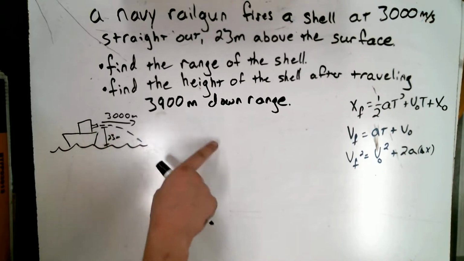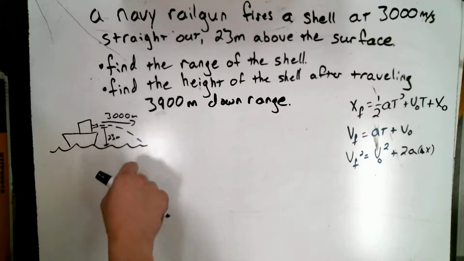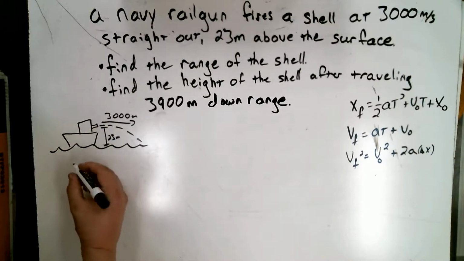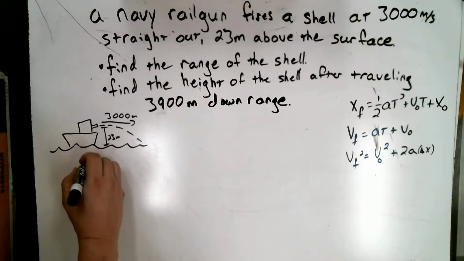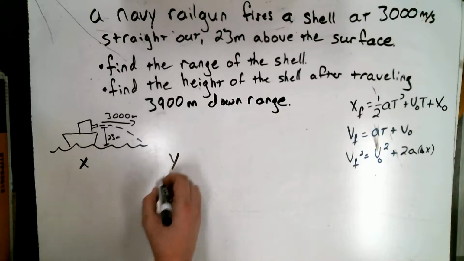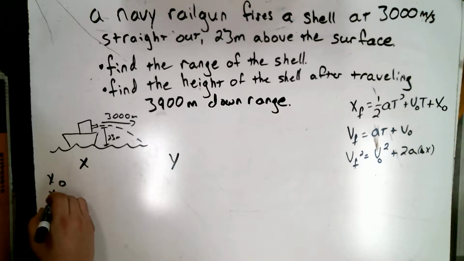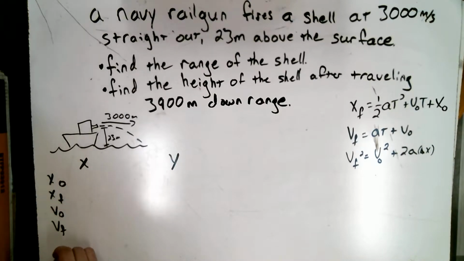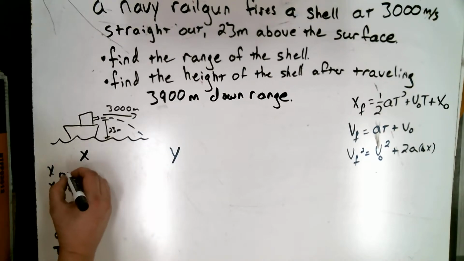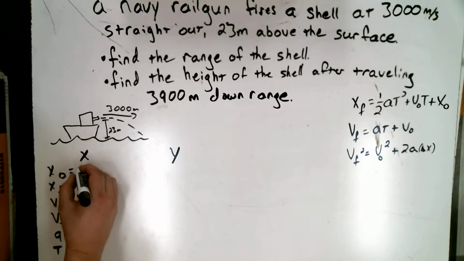Because this is two-dimensional, we have to the right and we have vertical. I am going to split the problem. I'm going to do my x stuff and my y stuff. So my original x, my final x, my original speed, my final speed, my acceleration, and my time. In the x direction, I start at 0 x.